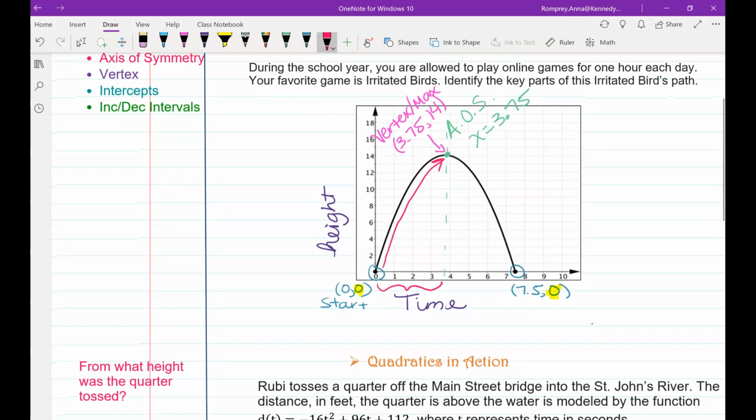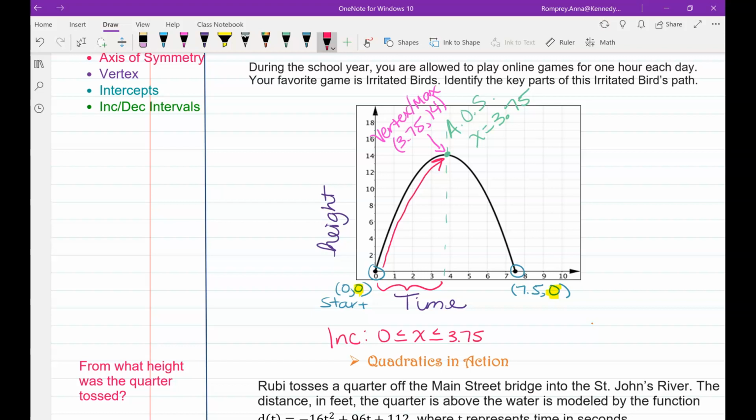So we are increasing from 0 to 3.75. So we read it along the x-axis. So we are increasing when x is between 0 and 3.75.